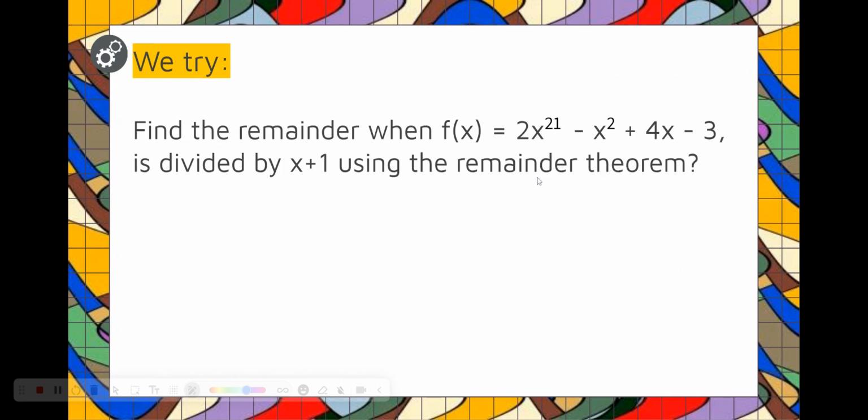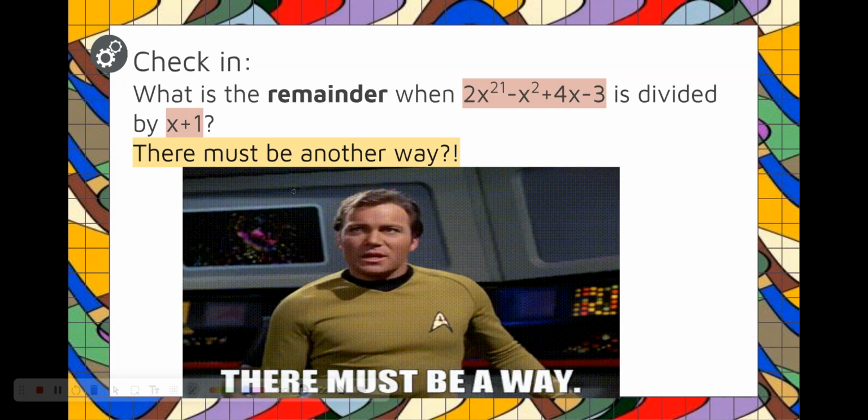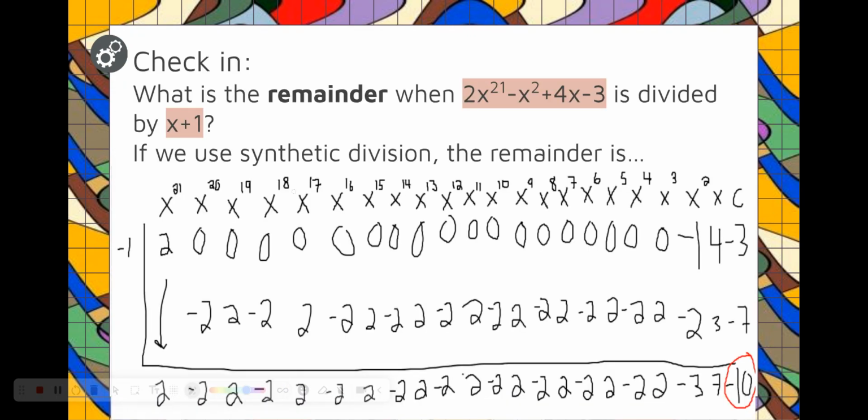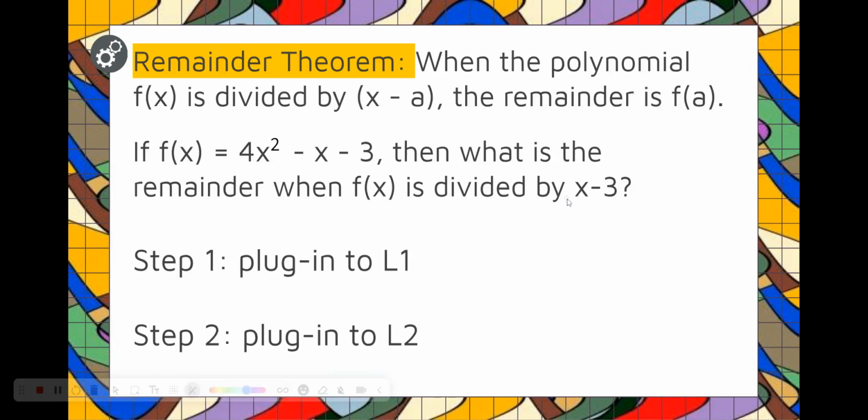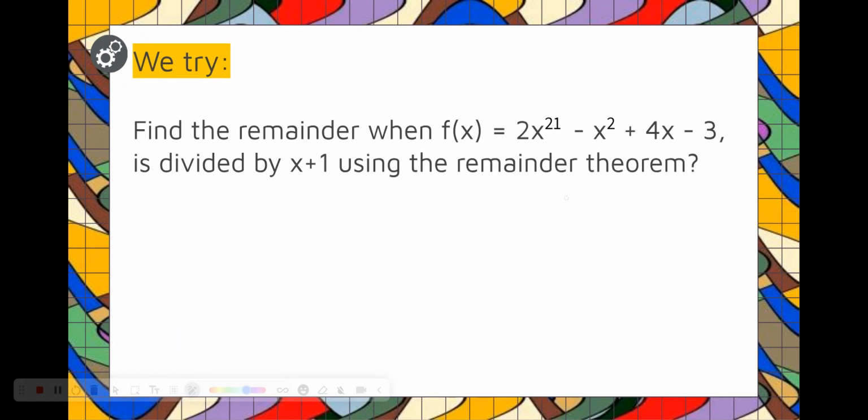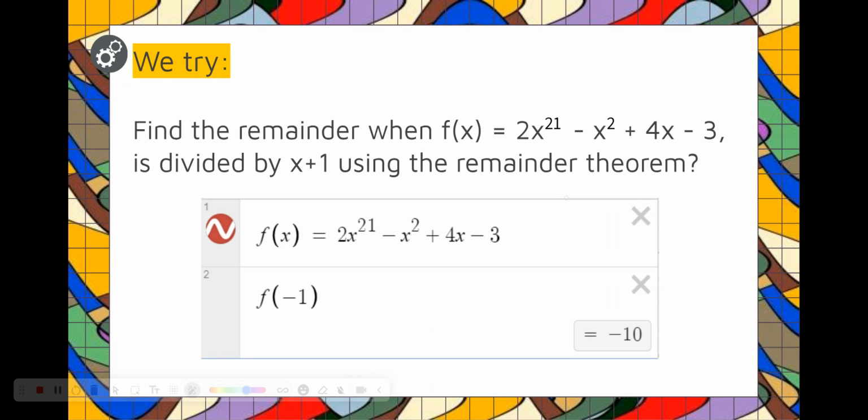Let's try this one. This is what we were expecting earlier, that we're going to find negative 10 using another method. Using the method that we did, I'm going to plug in 2x raised to 21 minus x squared plus 4x minus 3 as f of x.